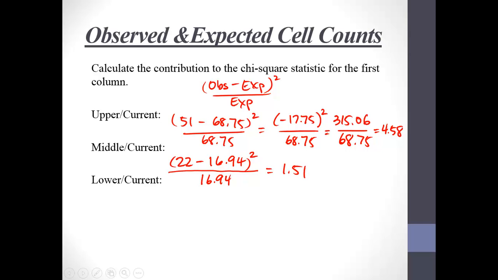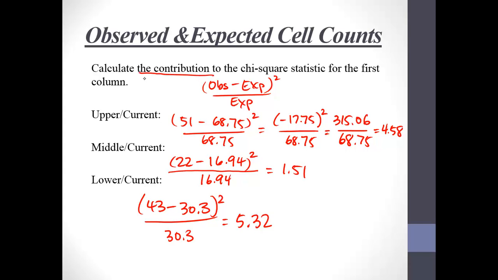And finally, for the lower class current smokers, I take the observed, which was 43, minus 30.3, squared, divided by 30.3, which is 5.32. So again, what we're doing here is calculating the contribution of each of these cells to the overall statistic.